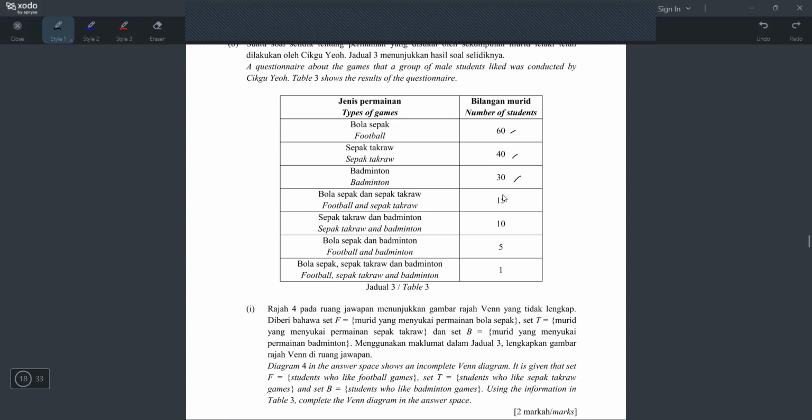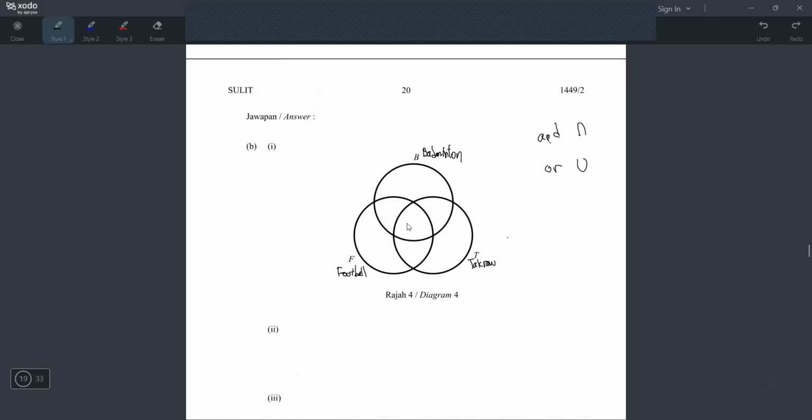Football and sepak takraw pun tak boleh tulis. Kenapa? Okay, football and takraw 15. Dekat mana? Can I write here 15? Cannot. Because they say football and takraw means what? It means sini tambah sini. It means the 15 is not just bawah saja, unless they say the word only.